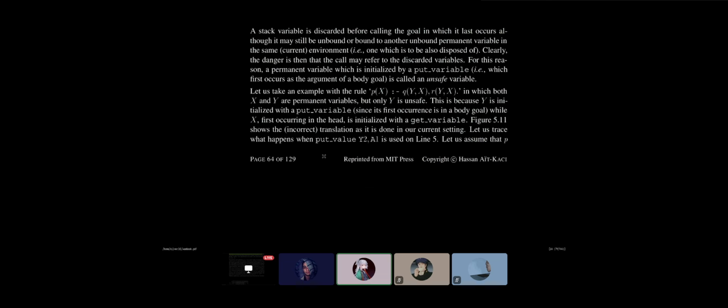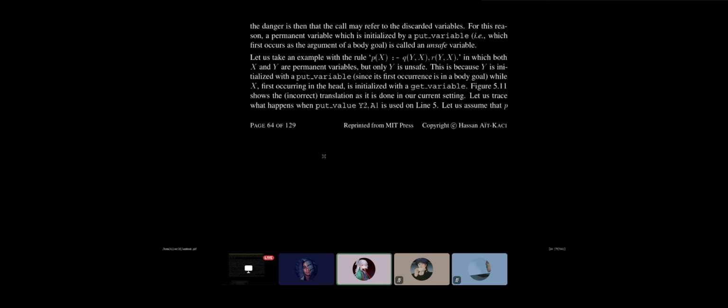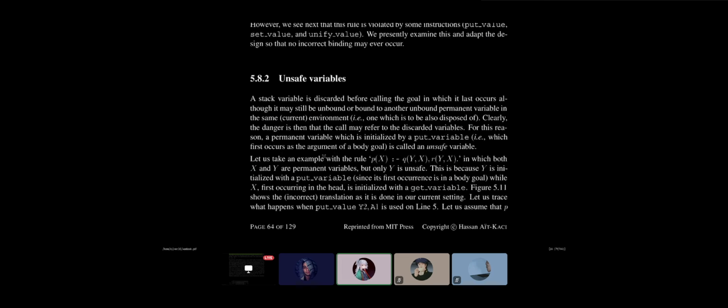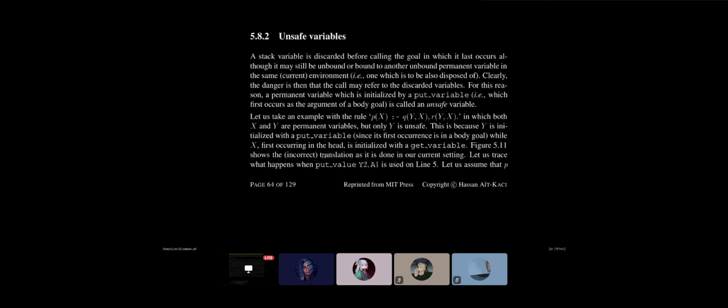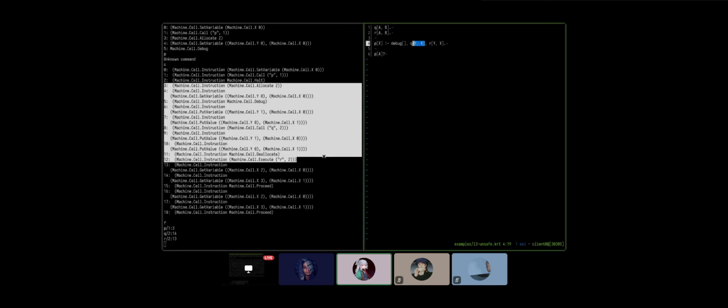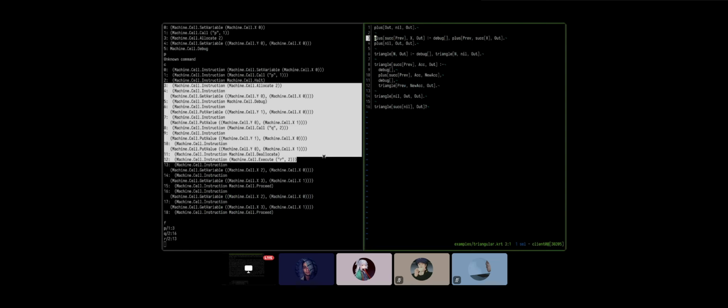This is because y is initialized with a put variable since its first occurrence is in a body goal, while x, first occurring in the head, is initialized with a get variable. The figure shows the incorrect translation as it is done in our current setting. Yeah, I think that's precisely the problem actually. Because if we go to triangular, a new accumulator is introduced in the body of triangle.